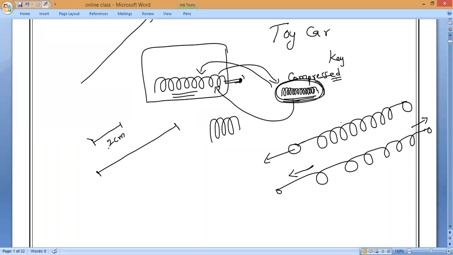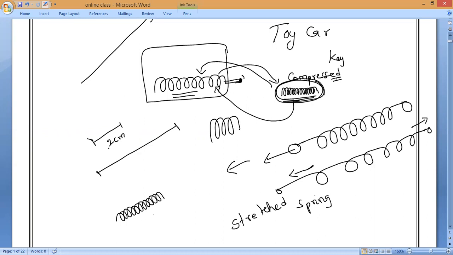When the two persons stretch the spring like this, you can see the stretched spring. When they stretch it, the shape is changed. Is it right or wrong? Or the same spring, two friends are trying to compress. Compress means the loops will come closer to each other.